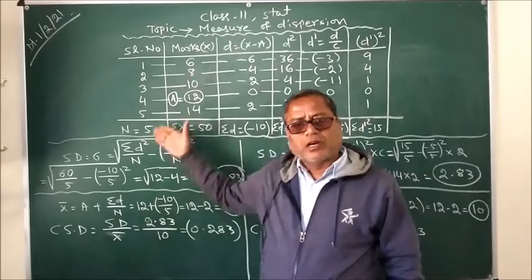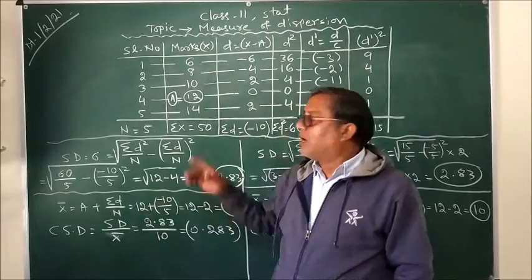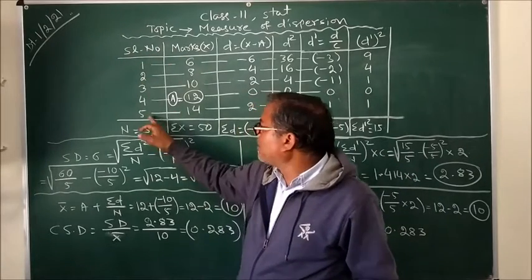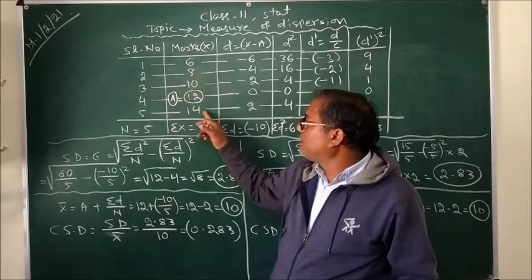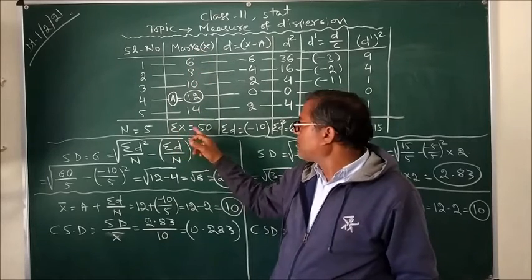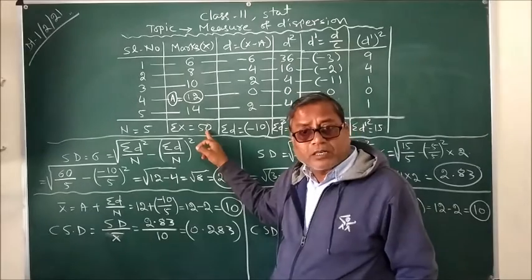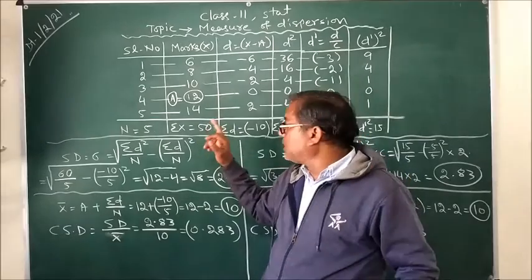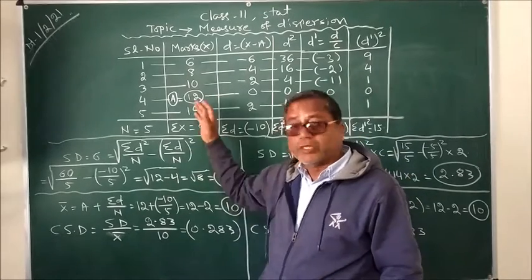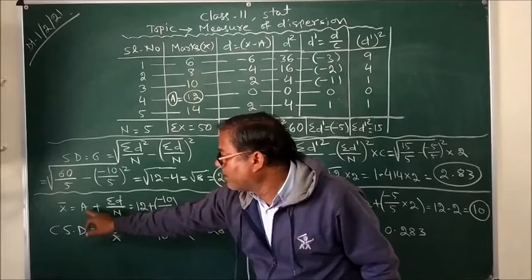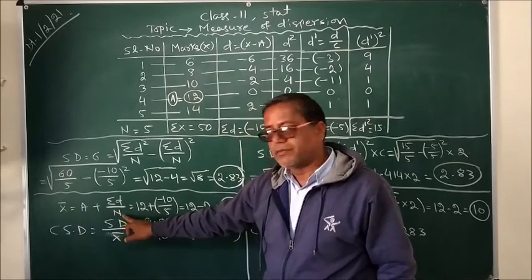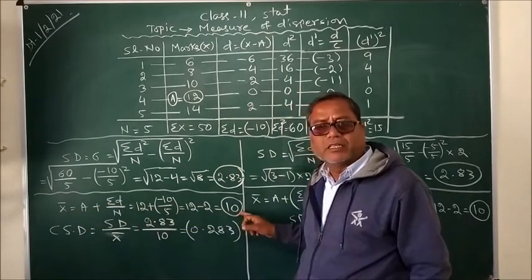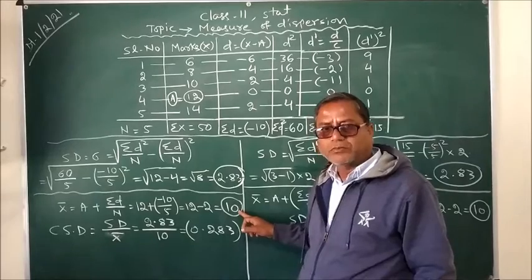Calculation of standard deviation using the shortcut method: again the same series, 5 observations, n is 5, and summation x is 50. But here we are not going to find the arithmetic mean using the direct method. We have to use the shortcut method, that is a plus summation d upon n, and we find our arithmetic mean to be 10, the same value.